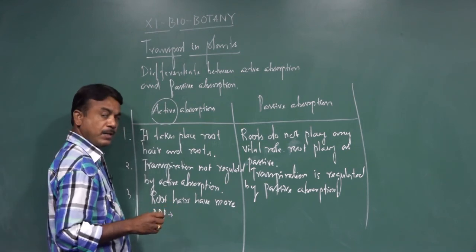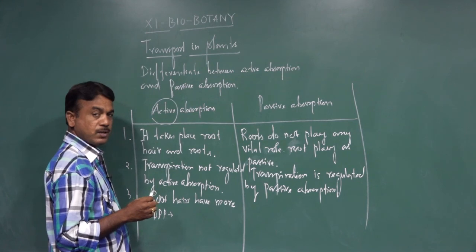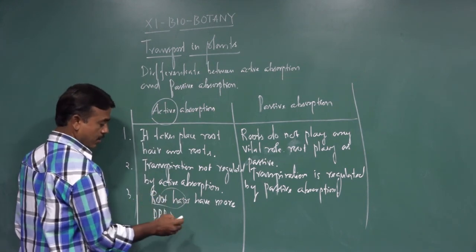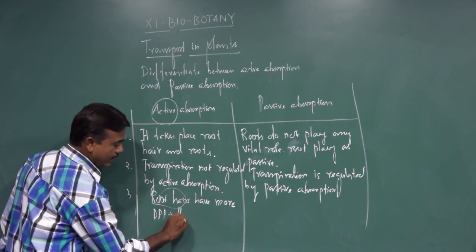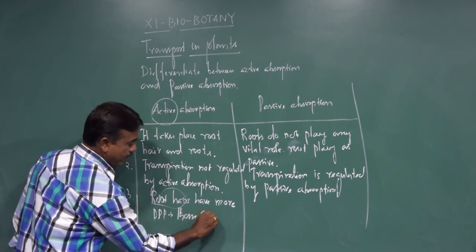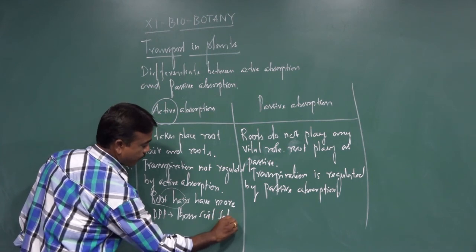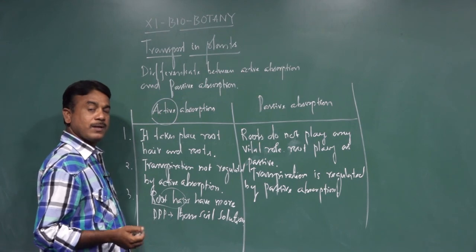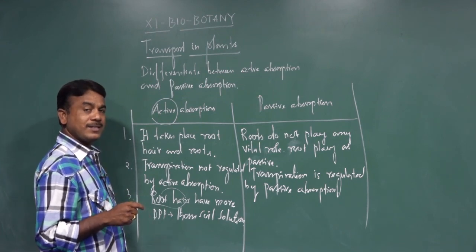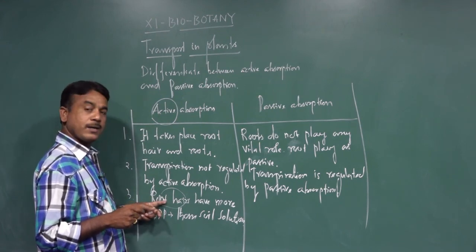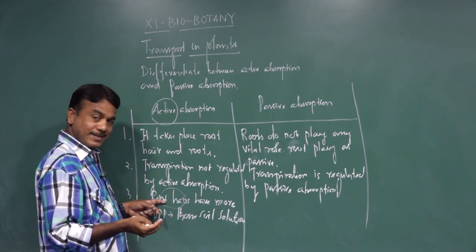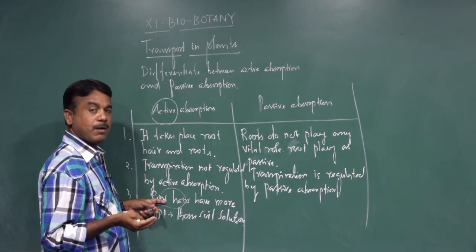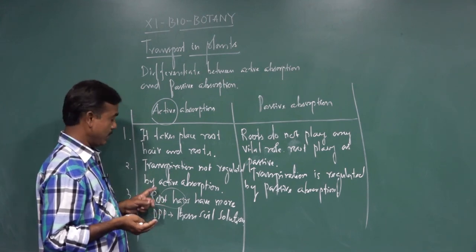DPT means diffusion pressure deficit. So the root hair has more DPT than the soil solution. That's why tension is created in the root hair, and with the help of suction, uptake or movement of water takes place.